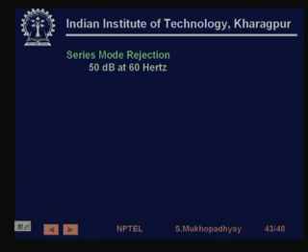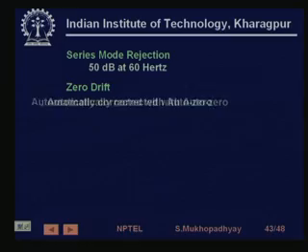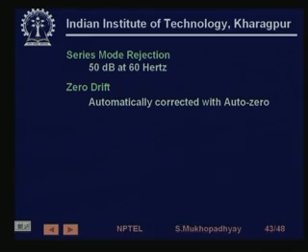Apart from these kinds of specifications, if you see an example industrial specification, you will find some other things which are specific to the particular sensor that you are using. Since thermocouples use long wires, there is a series mode rejection.